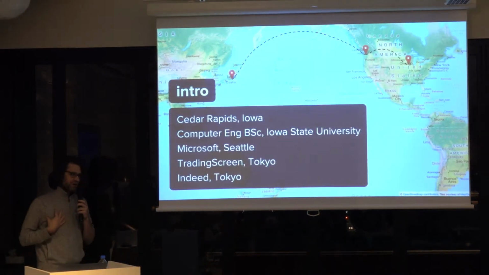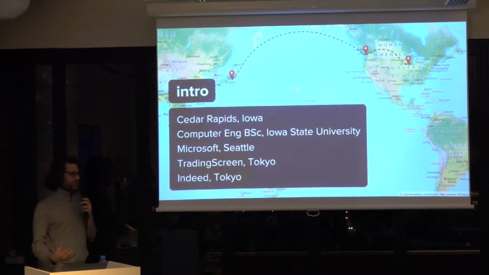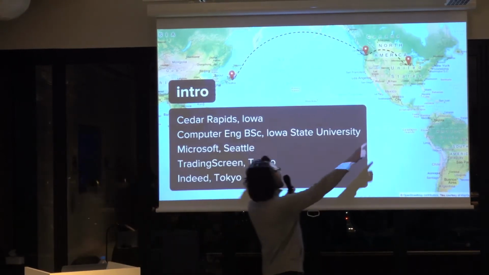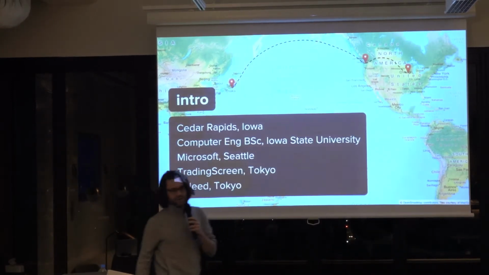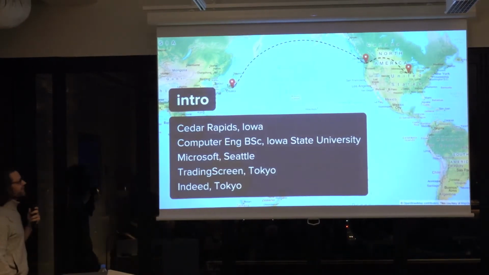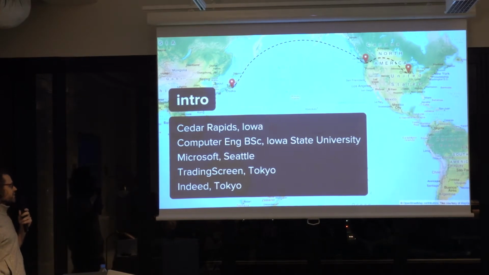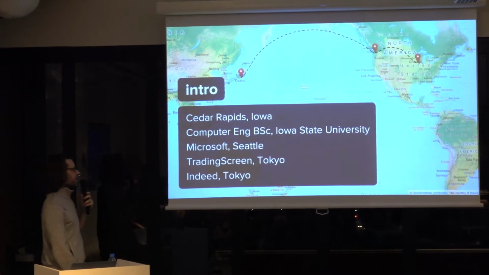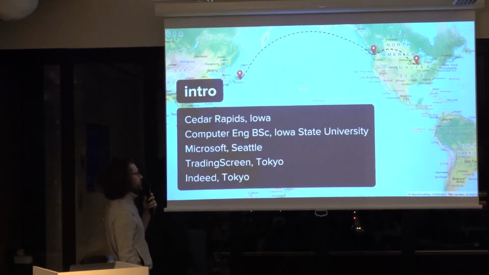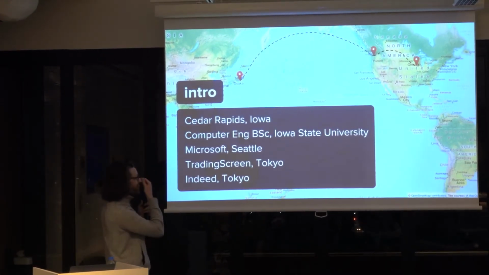I am originally from Cedar Rapids, Iowa, in the middle of the United States. Nothing is there, just corn and pigs. And I graduated with a computer engineering degree from Iowa State University. And after that, I moved to Seattle to work for Microsoft for 5 years.